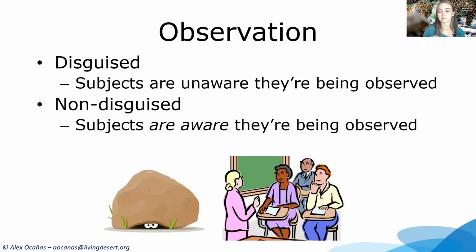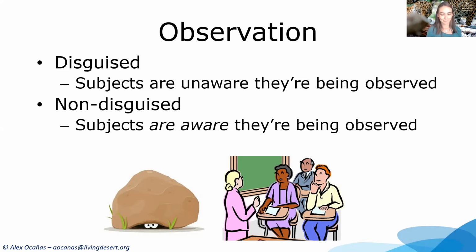With the non-disguised, if subjects are aware that they're being observed, in place of observing them, it might be just as useful to use a quantitative survey to collect information from them. But the strength of doing observation as well is that maybe you can follow up with a survey to get more information about what you observed, and maybe ask, why did you do this, or rate on a scale of 1 to 5, and so on.